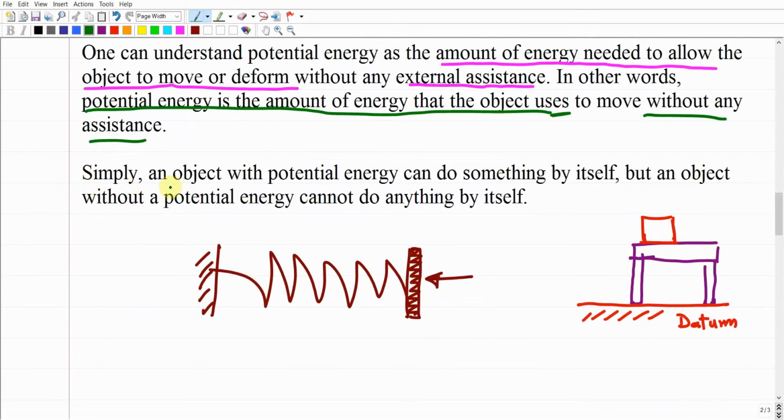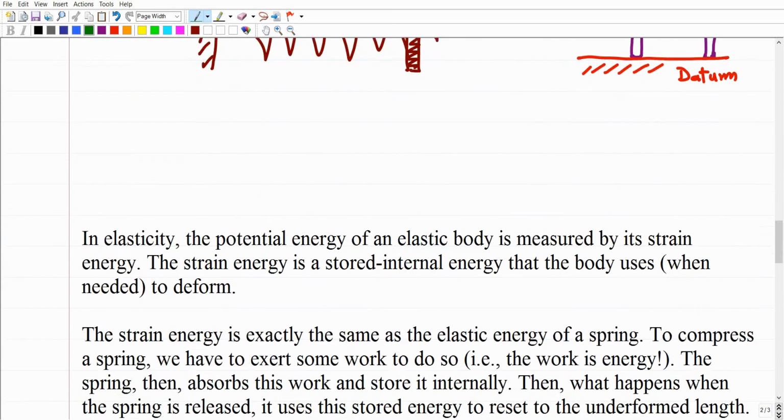Or simply we can say that an object with potential energy can do something by itself, but an object without any potential energy cannot do anything by itself. It requires assistance if there is no potential. So this is how we can understand the potential energy.